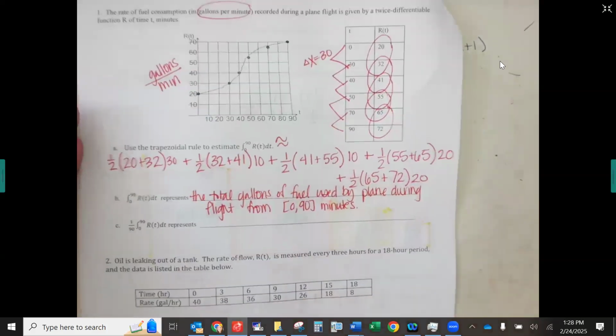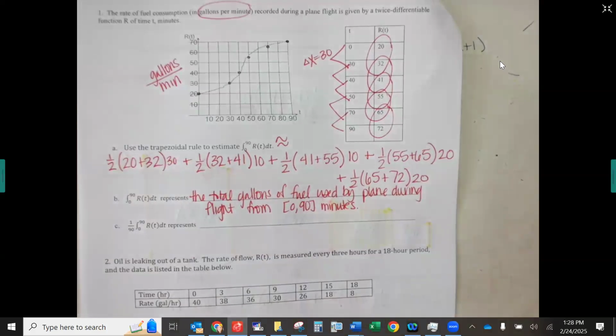Okay, but for the AP test, you would have to include that the fuel is measured in gallons and that the time is measured in minutes, and then you're just reapplying it back to the story. Okay, let's pretend that you added this up and it came out to 1,000. So over the 90 minutes, they used 1,000 gallons of fuel.